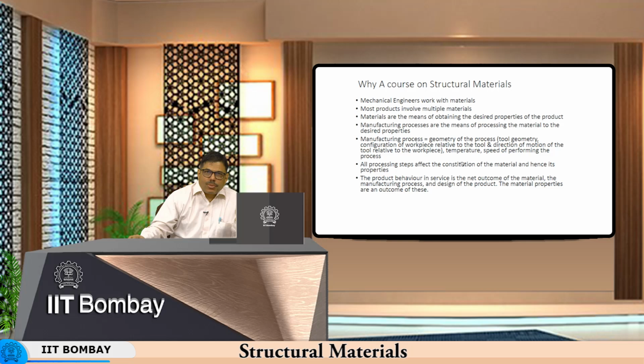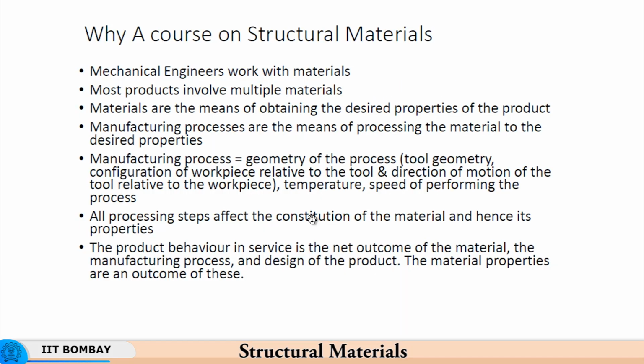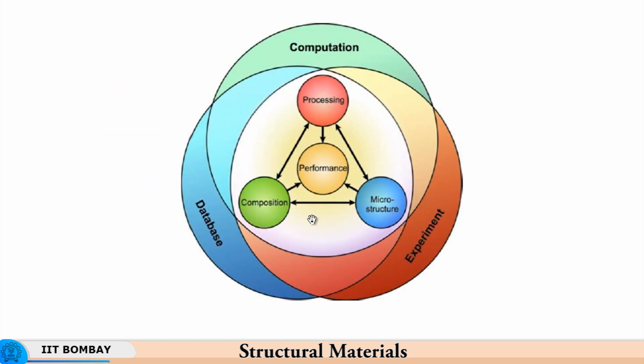Of course, in most cases we need to take care that the material properties do not deteriorate during the design of the process. So the design of the manufacturing process depends upon how the material behaves during manufacturing. You have different aspects of a material.